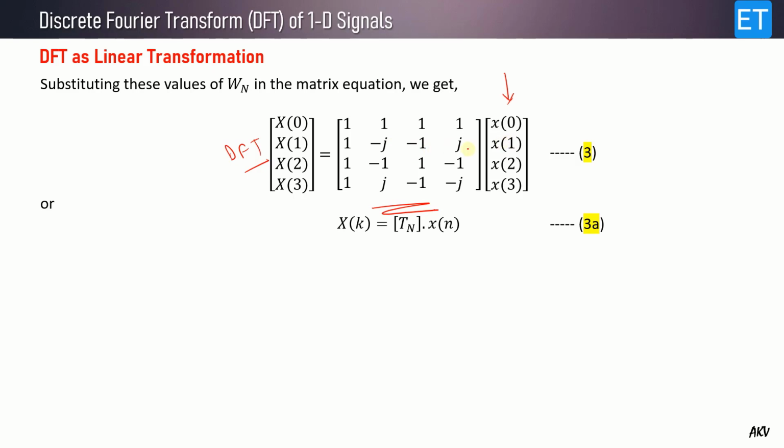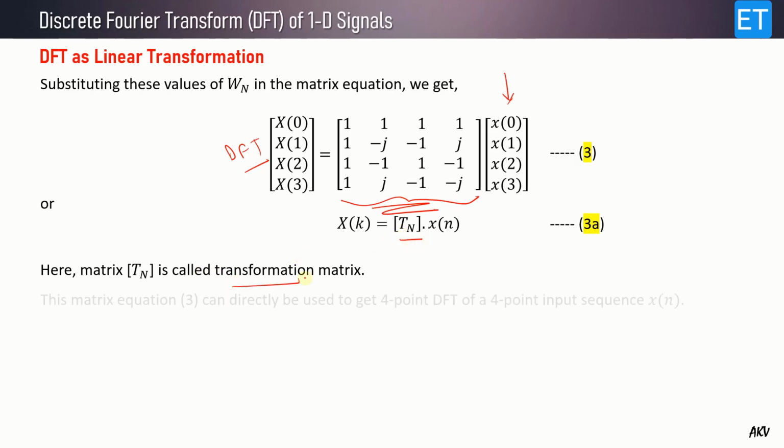Simply you have to multiply these two matrices, right? Here this matrix is represented by T_n, which is also known as a transformation matrix. To compute a 4-point DFT of any sequence, you just need to multiply this T_n with that sequence. You will get the DFT coefficients.